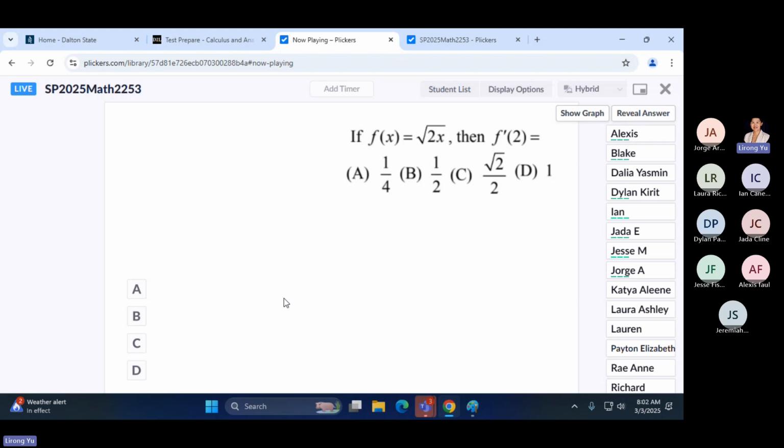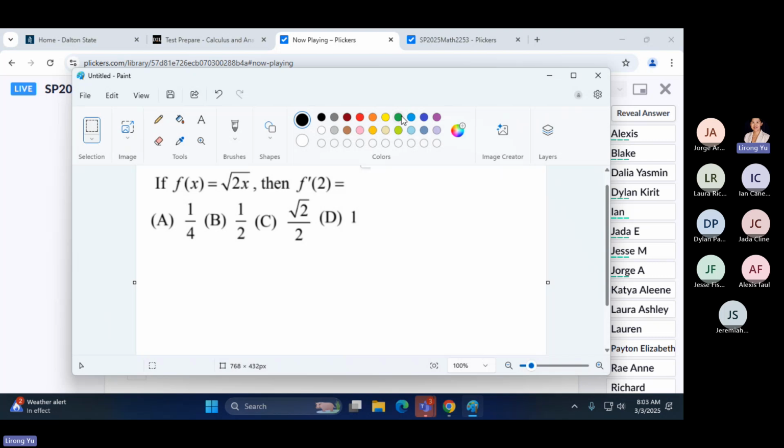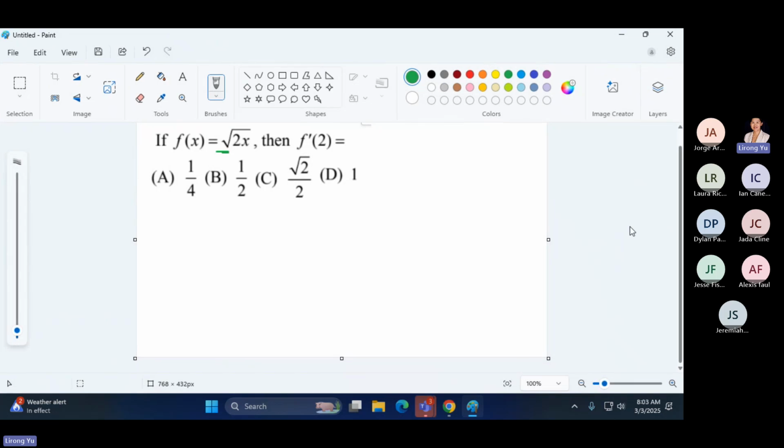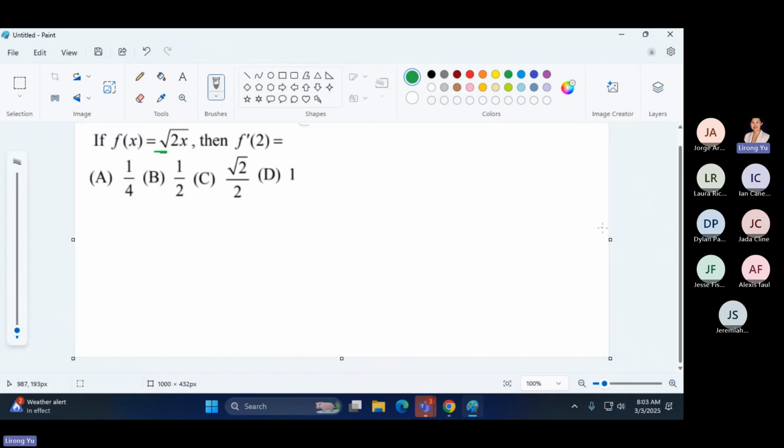So that's kind of the idea. The first thing we should do is to try to find the derivative function. On the outside, it's a root function. So the number one thing we need to know is how to find the derivative of a root function. Let's try to look at an example. Let me call this g of x equal to square root of x.